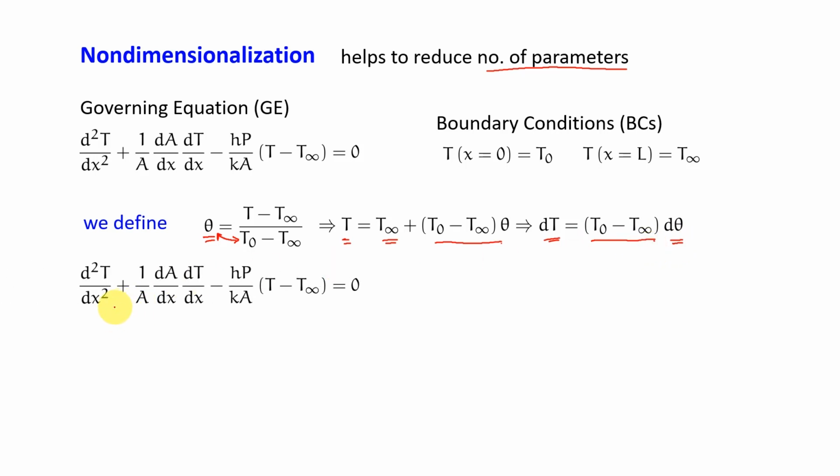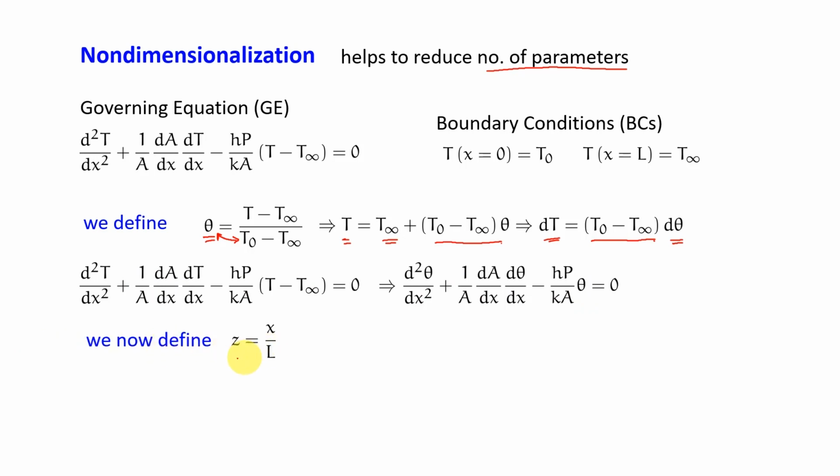So I can come back to the governing equation and write it with T replaced by theta: d2 theta dx2 plus 1 by A dA dx d theta dx minus h by kA theta.